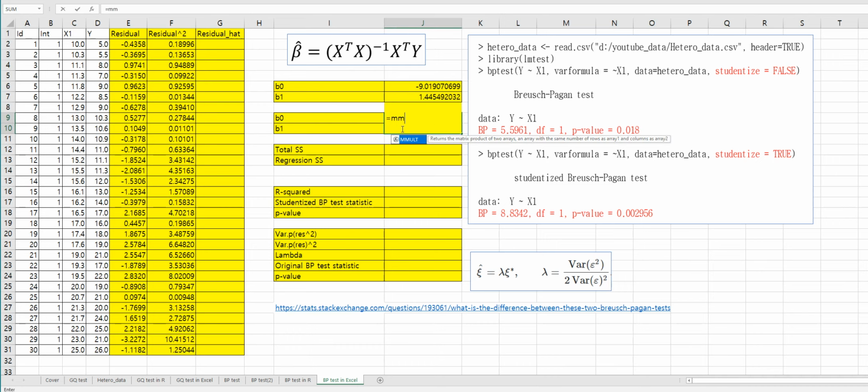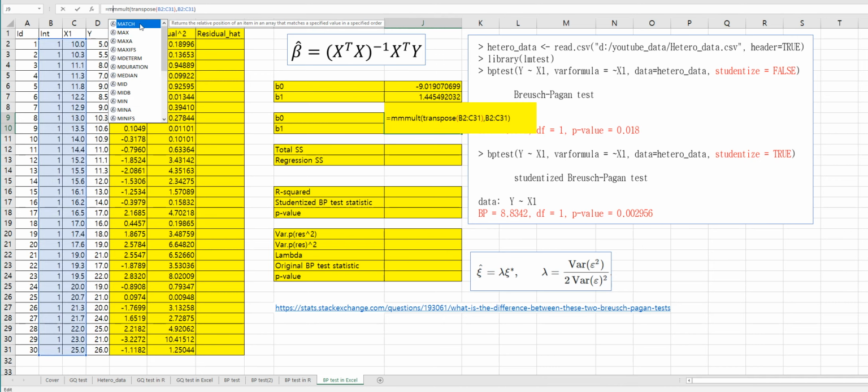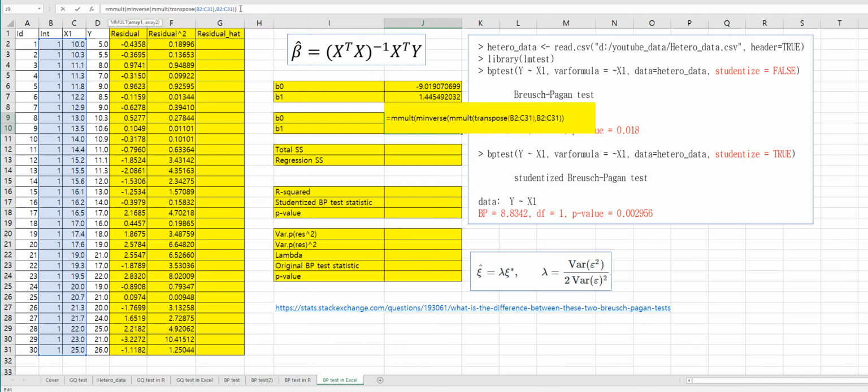Okay, so merge transpose of design matrix and design matrix and inverse, and let's multiply by transpose of design matrix here and merge comma and squared residual vector and press Ctrl Shift Enter. Right.